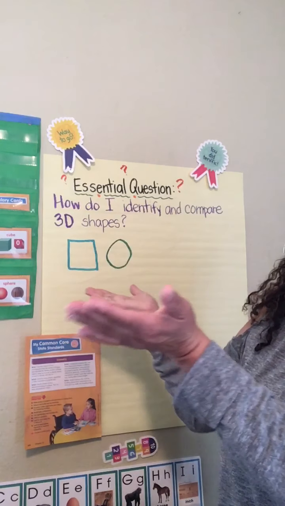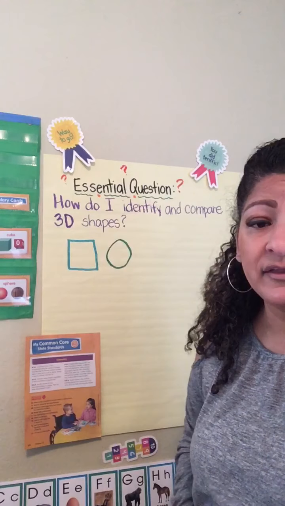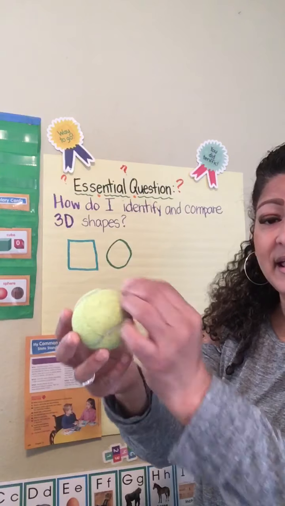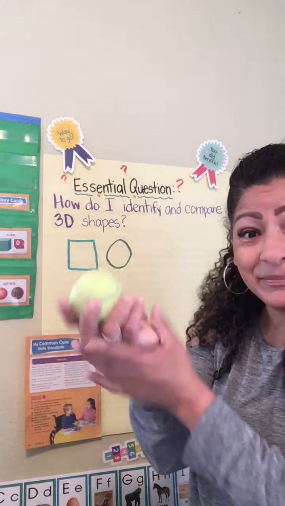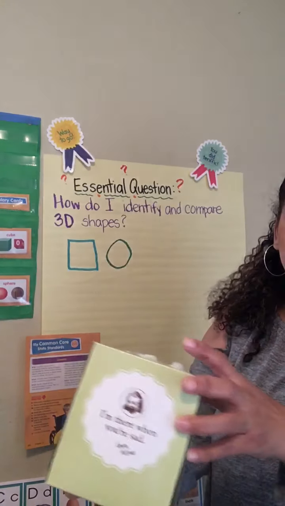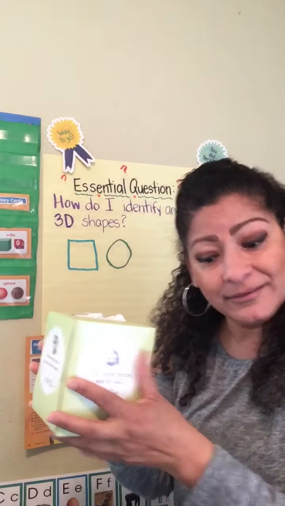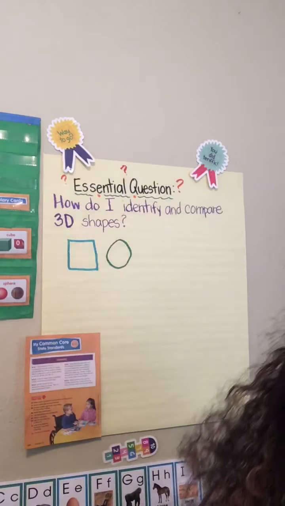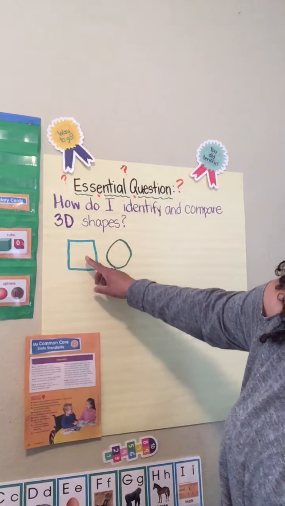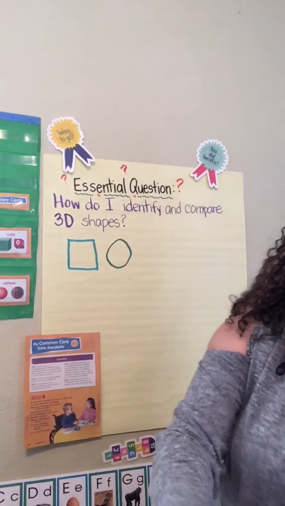Oh, doesn't work. I can't pick it up. Let's try the cube. Can I pick it up? Yes. So the difference is you can pick up the three-dimensional, but you can't pick up the two-dimensional shapes.